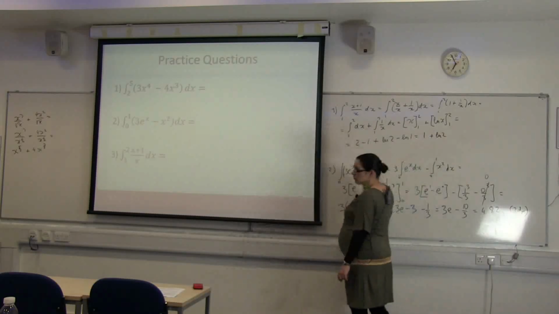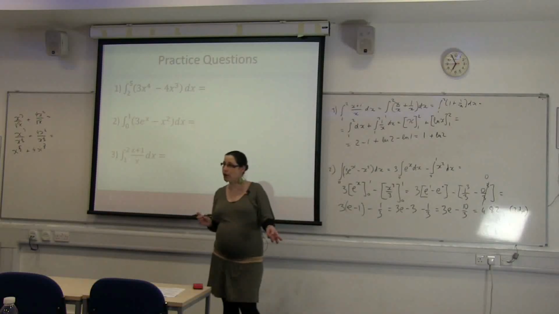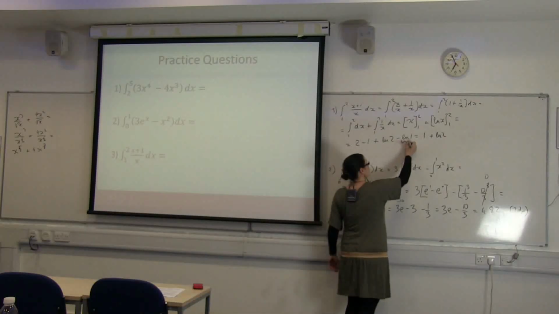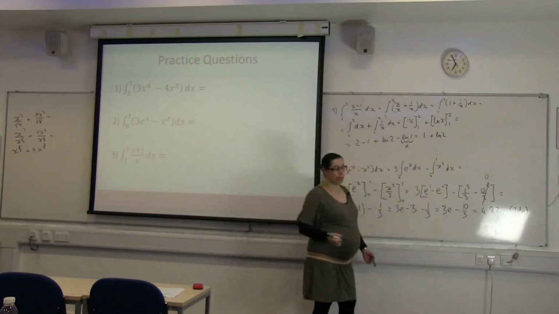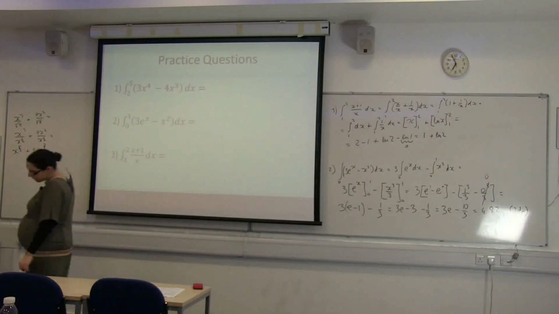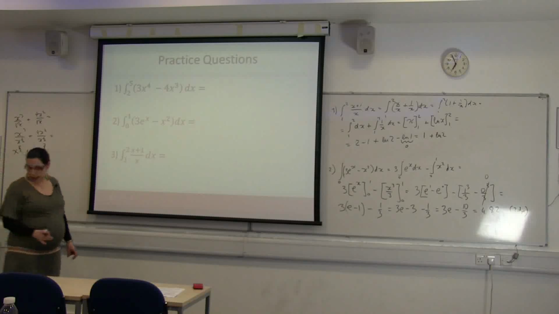What is ln 1? 0. ln 1 is 0, because what power do I need to raise e to end up being 1? 0. So it's 1 plus ln 2, which should be roughly 1.69.